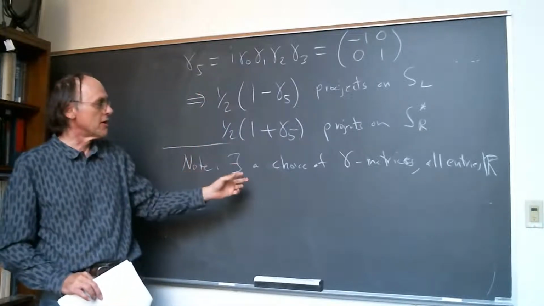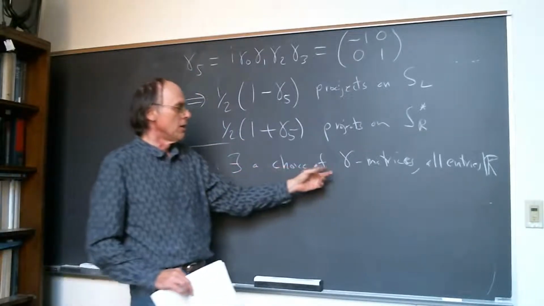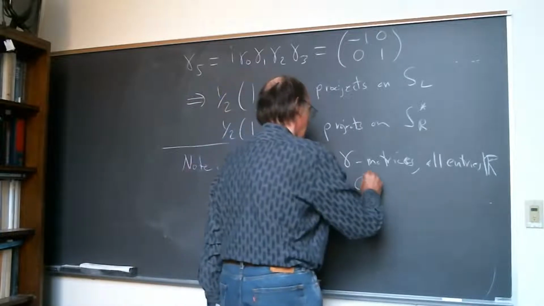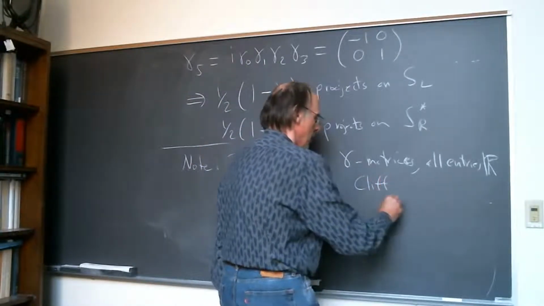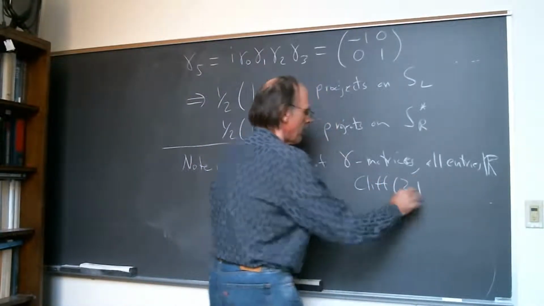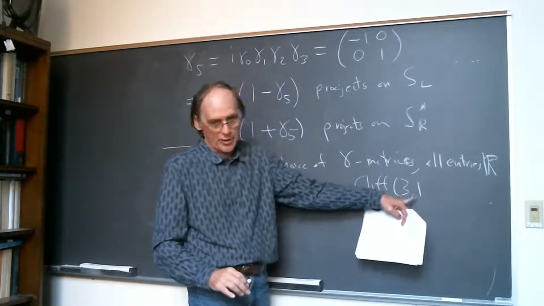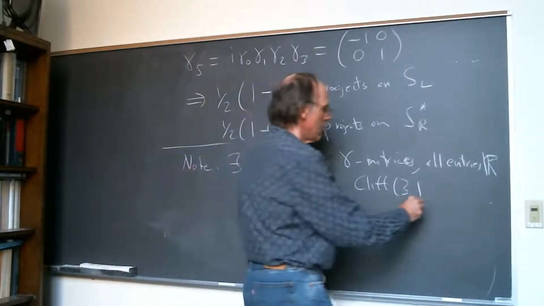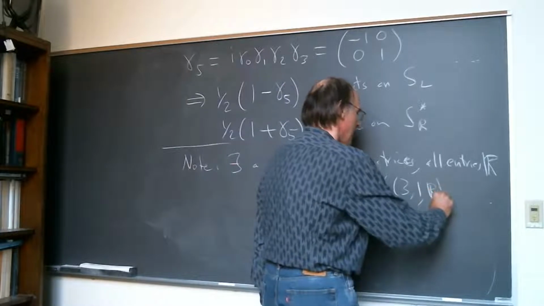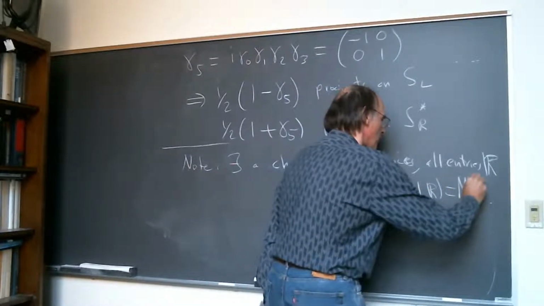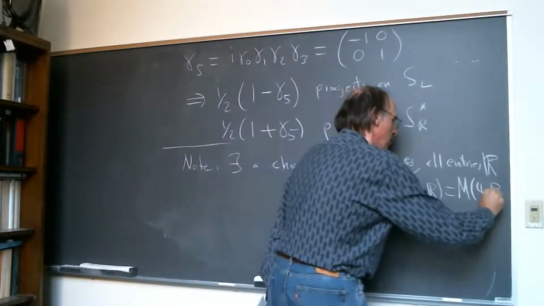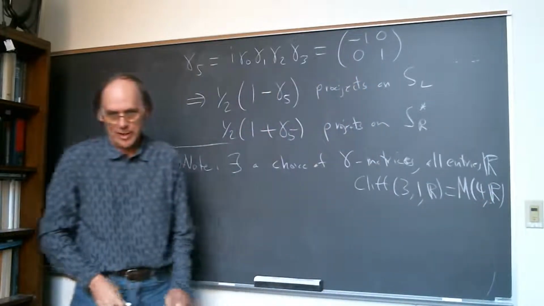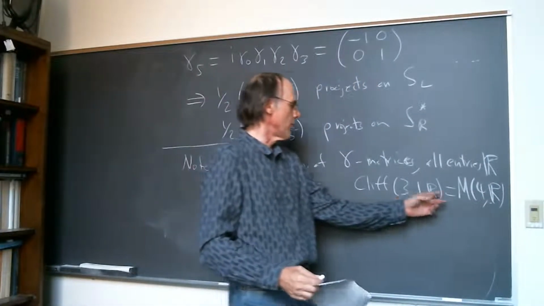With signature 3-1, the Clifford algebra before you complexify, the real Clifford algebra, is 4x4 real matrices, so it's isomorphic to this.